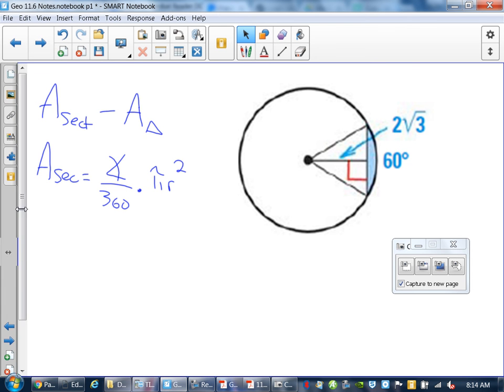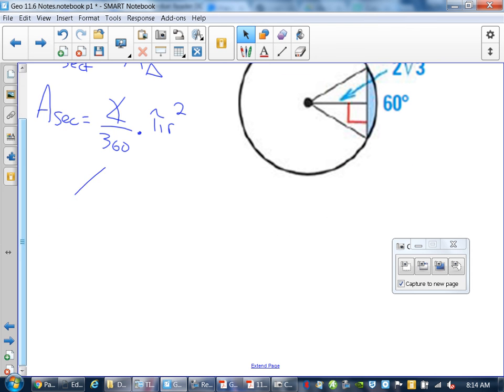So let me try and draw this out here. Here's my 60-degree angle, because this was a 60-degree arc. The height of the triangle was 2 root 3, which means this now becomes a 30-degree angle here. It's a 30, 60, 90 again.